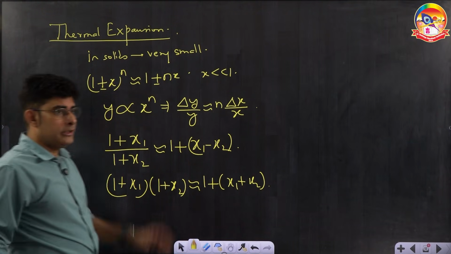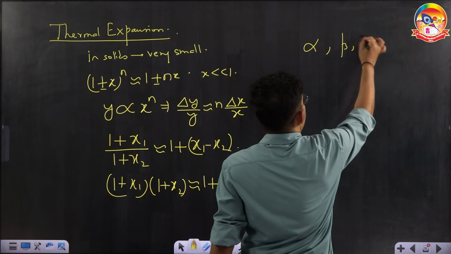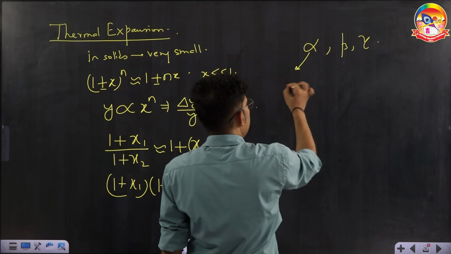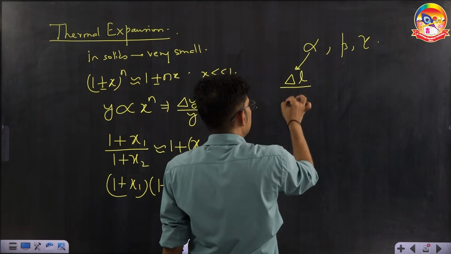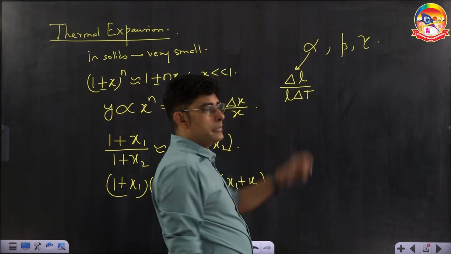Clear? Now in solids, we define 3 coefficients, alpha, beta and gamma. Alpha is defined as the change in length per unit length, or fractional change in length per unit change in temperature.